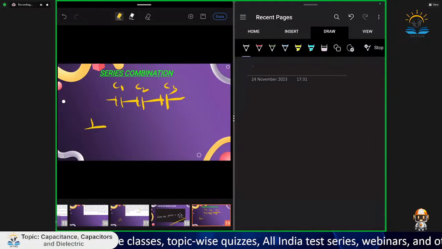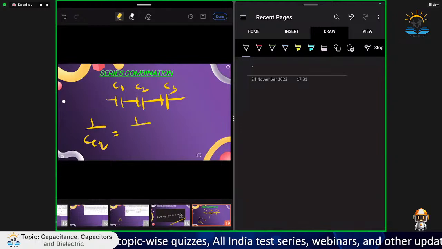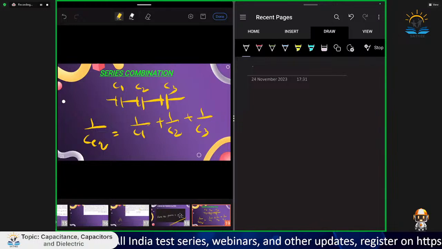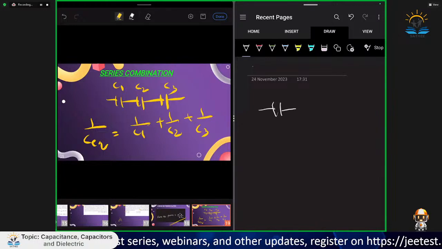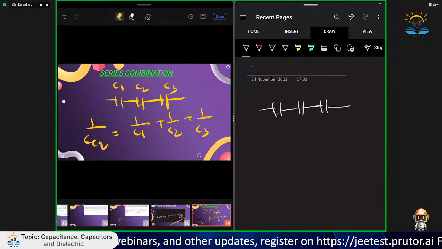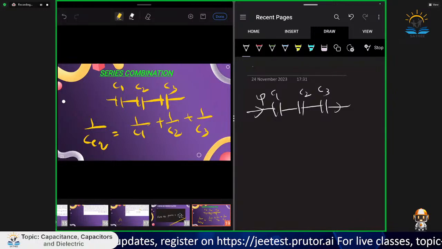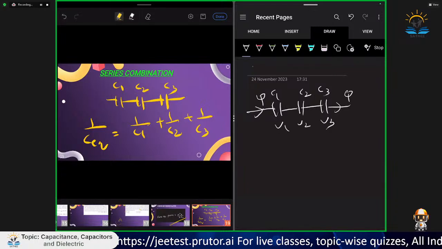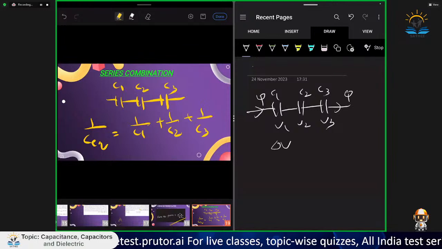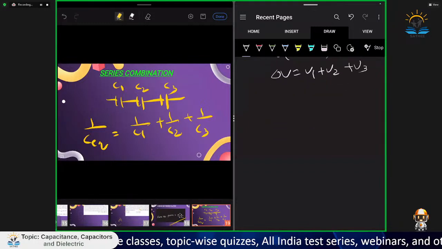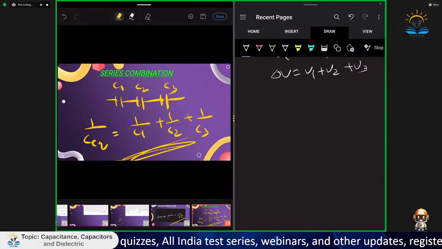We know that 1 by C equivalent is equal to 1 by C1 plus 1 by C2 plus 1 by C3. The same charge Q will flow through the three capacitors, but the potential difference across each capacitor will be different. The total potential difference will be V1 plus V2 plus V3, but the same charge will flow. So this will be the formula.